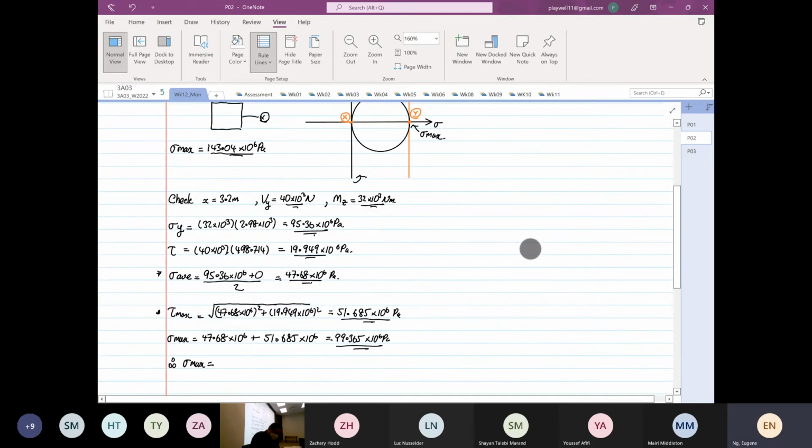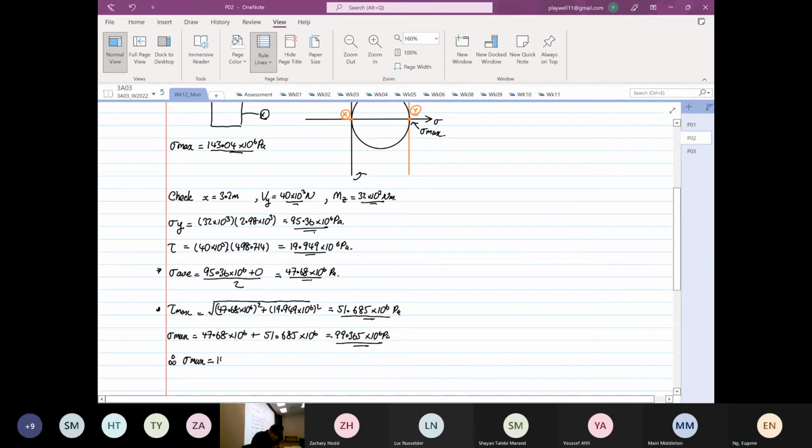It's going to be 143.04 times 10 to the power 6 Pascal, and it's going to be at x equal to 2.4 meters. So we are going to design based on the stress situation at x equal to 2.4, because at that position, you have your maximum principal stress, which is your stress max.